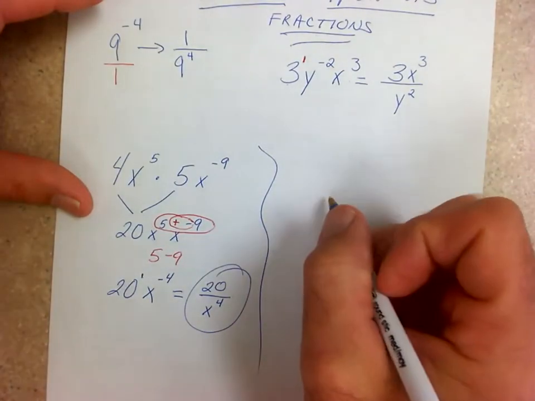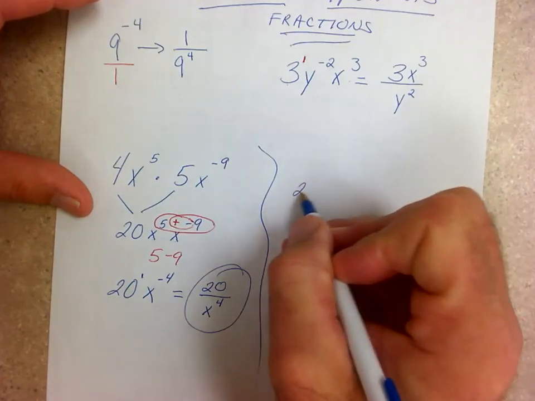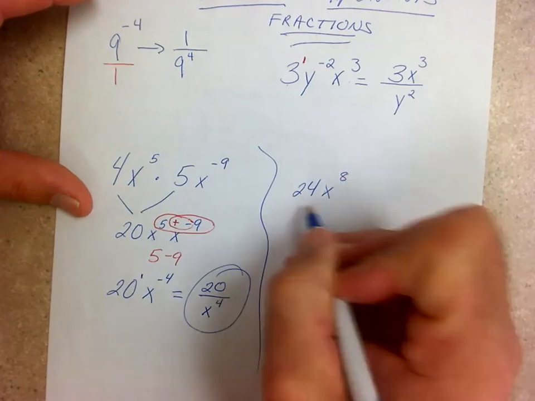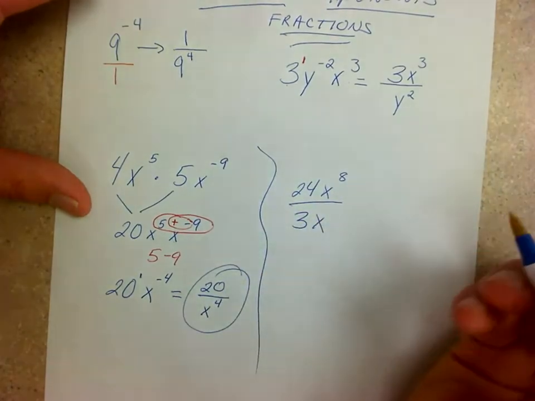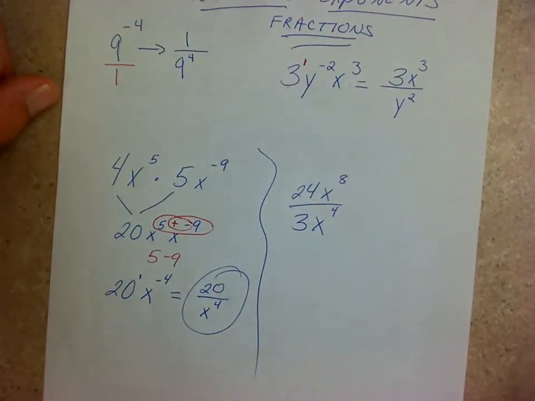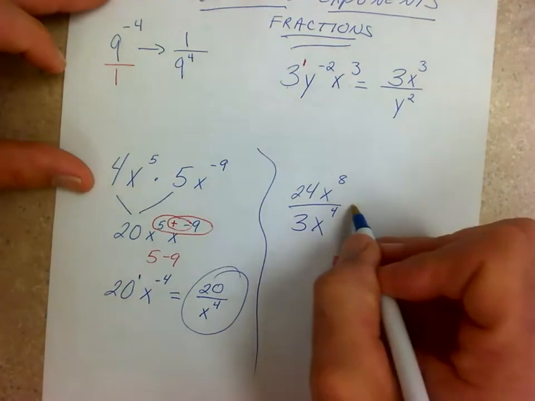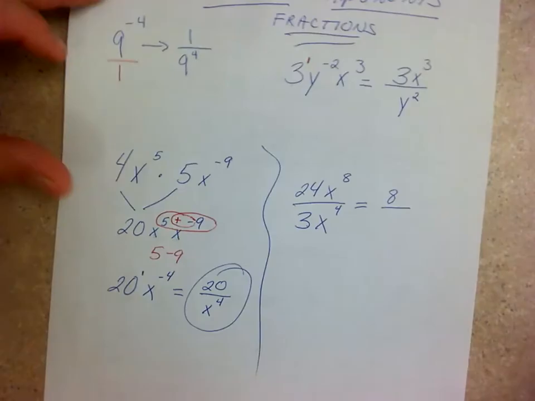We could also do the same thing with our big fraction bar. So we could have 24x to the 8th over 3x to the 4th. 24 divided by 3, we know we're going to get an 8.